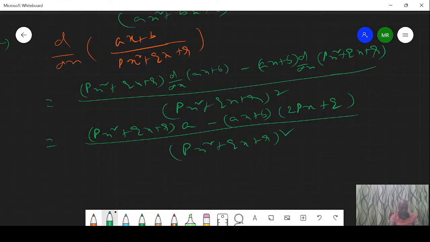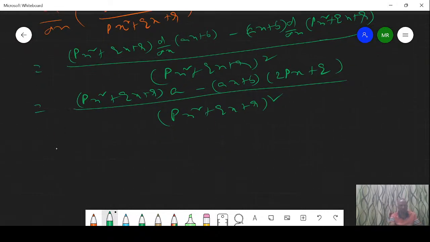Now I can multiply this, right? If I multiply, the final answer comes. I can simplify. So I can write apx square, and if you multiply this you will get apx square, aqx plus ar. I can also multiply the entire expression.